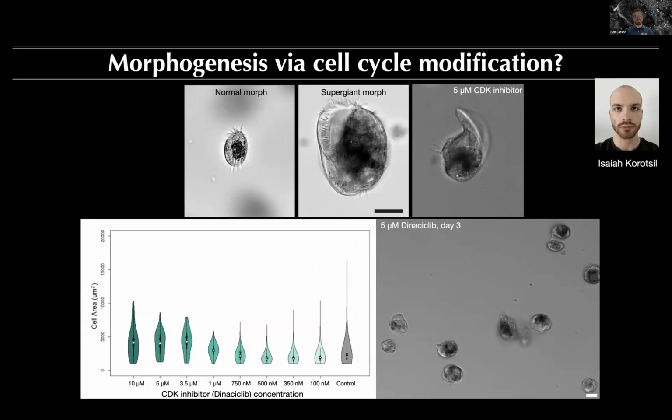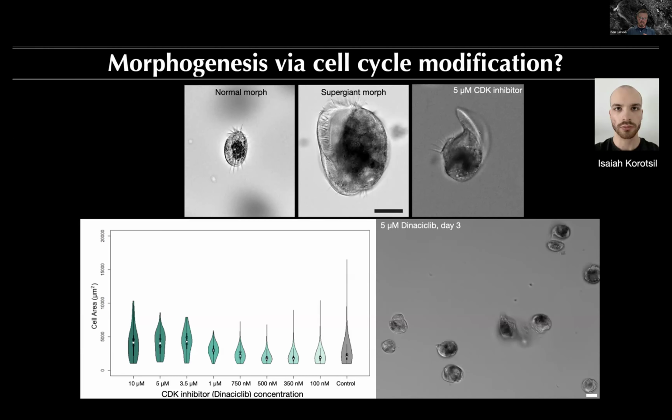It's a bit hard to tell, so these cells are viewed top down. This is one of these strange morphologies viewed in profile. So we think, very preliminarily, that this is evidence of some interesting non-trivial cell cycle regulation that we hope to follow up on, and perhaps find a link to this supergiant cell morphogenetic transition.